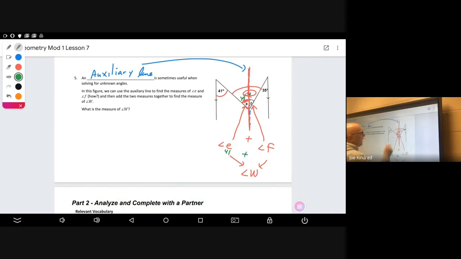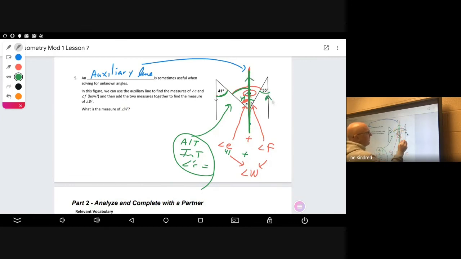And the reason for that is, yes, alternate angles are equal. So 41 must be equal to E. For the same reason, if these lines are parallel, angle 35 must be equal to angle F. Thus, 41 plus 35 is equal to angle W. In this case, we have angle W equal to 76.